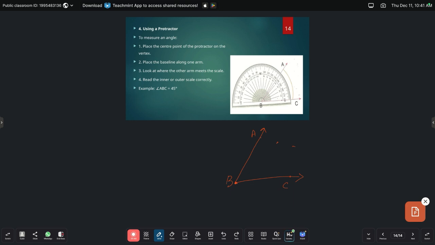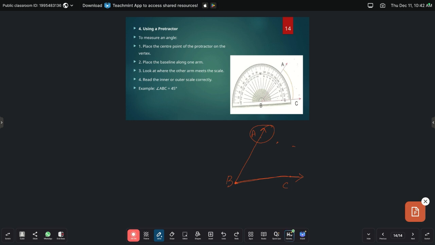The baseline of your protractor has to be placed exactly along this baseline. Got it? So what do you have to read? You have to read the reading at this line here at the A. Got it, boys? But you can see there are two readings. Don't get confused about which reading you have to take. While using the protractor, make one thing clear.